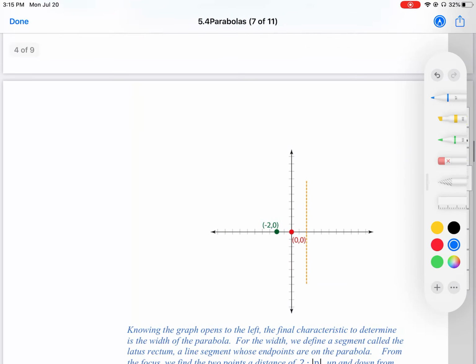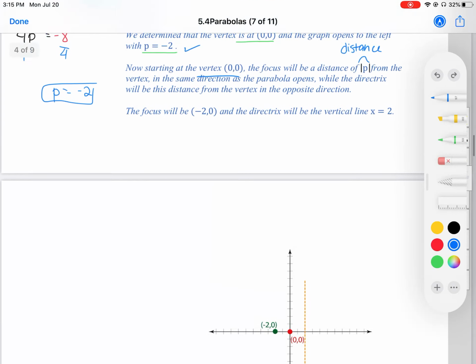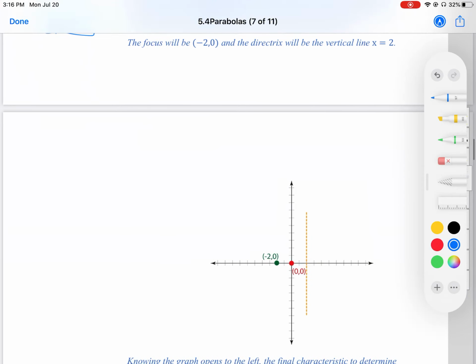So we know our parabola is going to open to the left because my y is squared and my other number is negative. I like to mentally draw just a sketch of which way it's going to open along with your vertex. So we have a vertex at 0, 0, and I know it's going to open to the left.